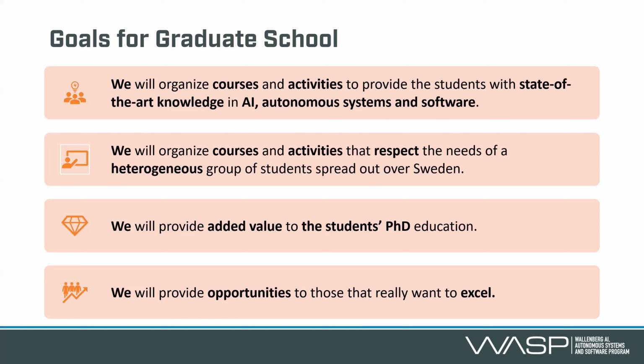And this is a challenge for us, but it's also rewarding for you and for us, because it also gives different perspectives, and you get to know many different persons with different backgrounds. And we will provide an added value to the students' PhD education. And for that, we have many different activities as you will see soon here. And we will provide opportunities to those that really want to excel. And of course, we would like everyone to really excel here.